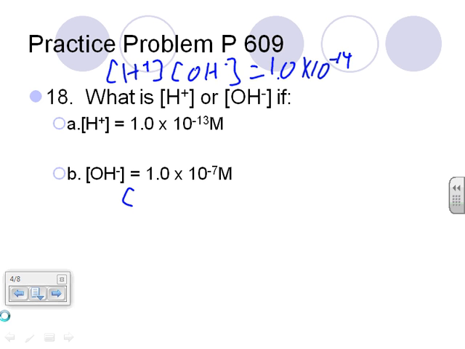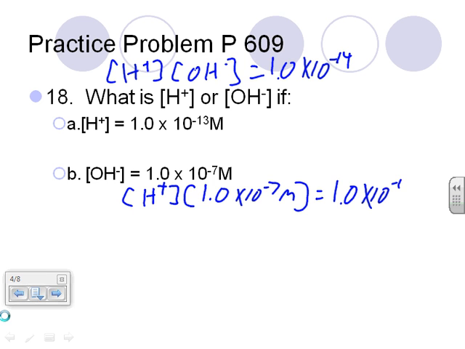So we solve: concentration of H+ times the concentration of OH-, which we're given as 1.0 times 10 to the minus 7 molar, equals 1.0 times 10 to the minus 14th. We need to solve for H+.